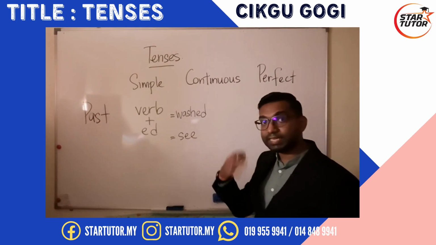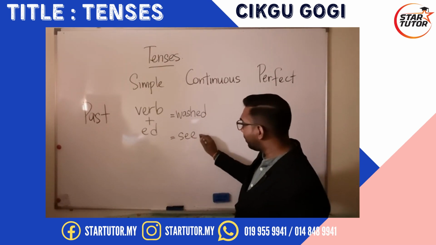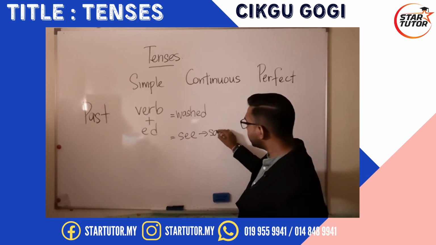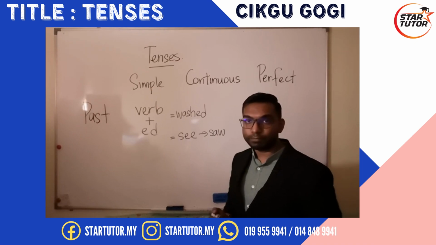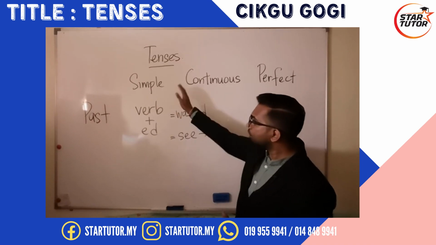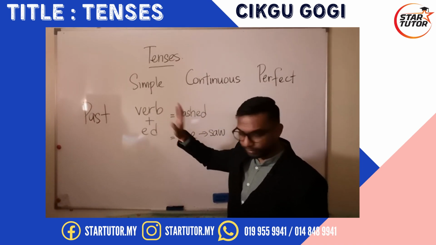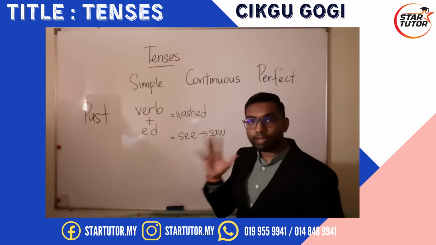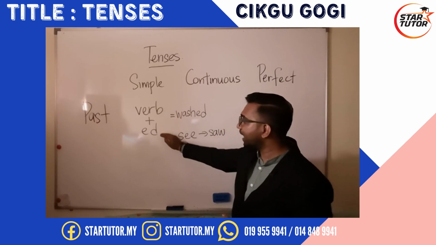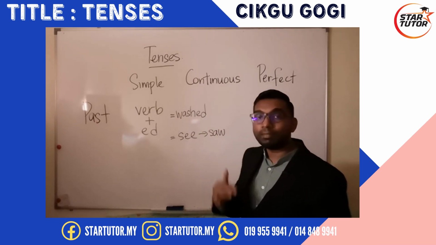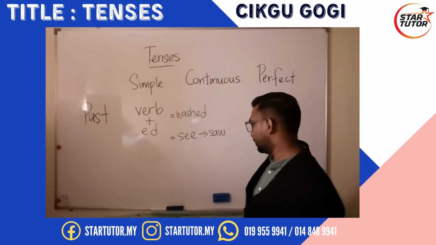The word see is a verb, but when you change it to past tense, it becomes saw, and these are for irregular verbs. So for simple past, the basic formula that you have to remember is that the verb must be added with ed in order to form a simple past tense.